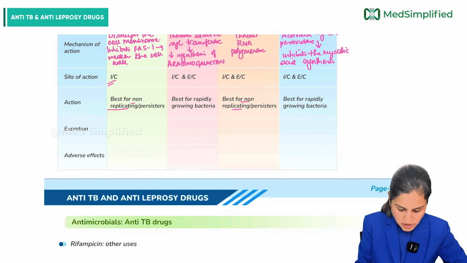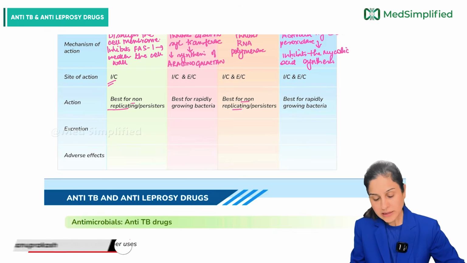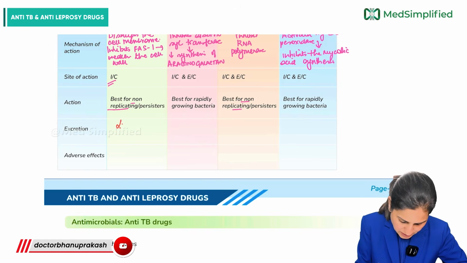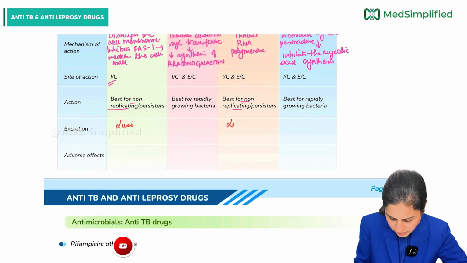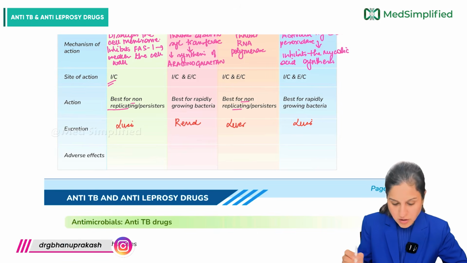Excretion. All of these drugs are metabolized in the liver except for ethambutol, which is renal.